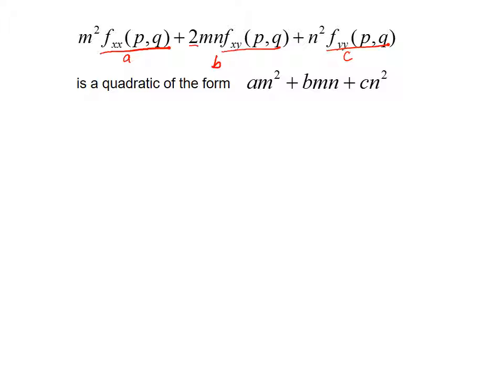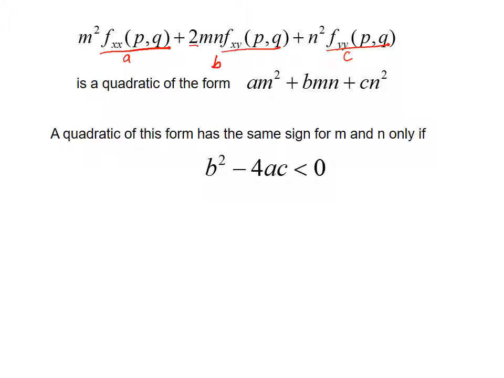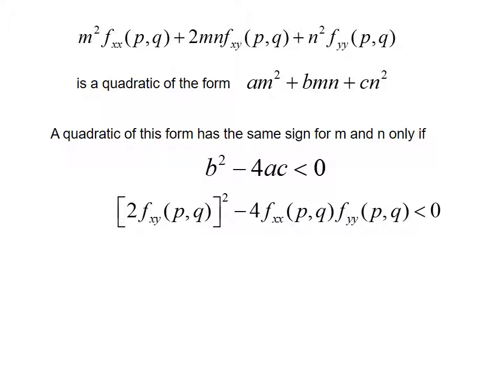So this is like a quadratic equation. And for a quadratic equation, the m and the n have the same signs only if b squared minus 4ac is less than 0. Now that should look a little bit familiar from back in college algebra.